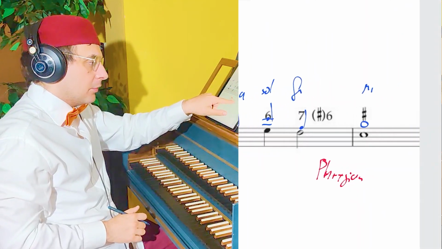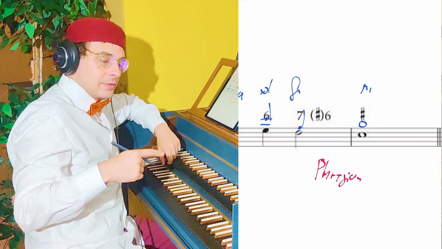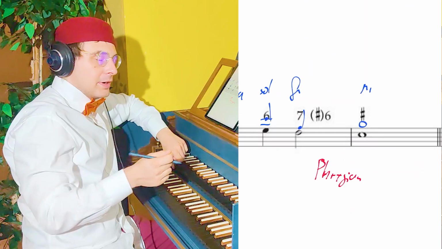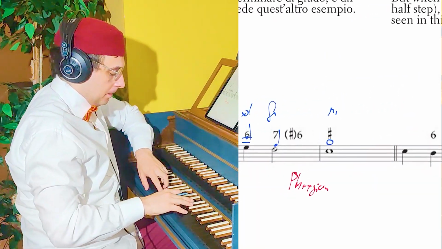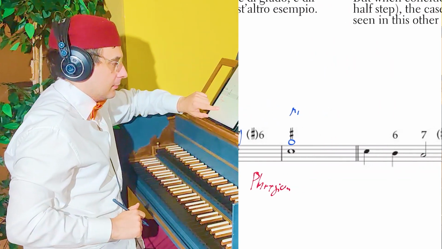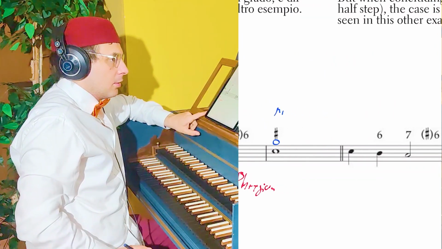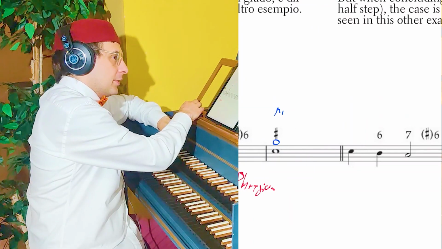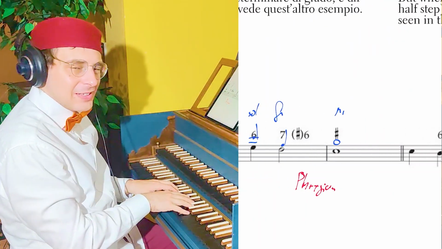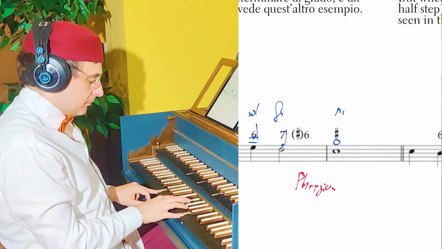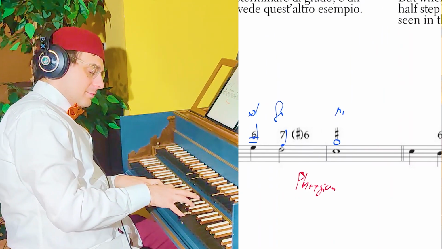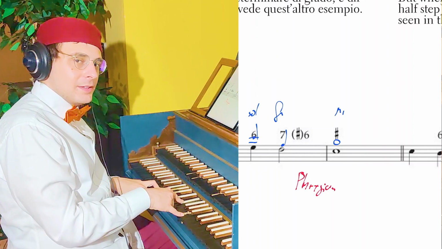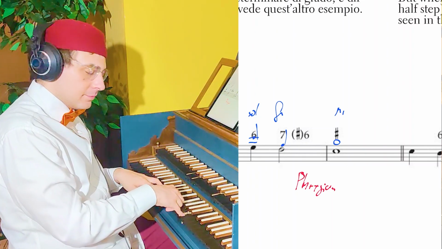You have to arrive to the fifth from the bottom, not from the top, because this way you play parallel fifths. Yes, but if you play parallel fifths this way with the augmented sixth, it sounds strange. If you have the augmented sixth, it's better to double the third.